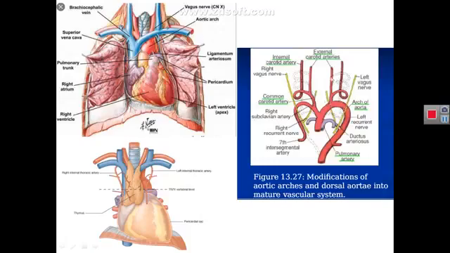Some of these, as I said, will disappear, the others will well develop to form this final configuration of the great vessels in the chest. And of course, you will study how this configuration of the 6 aortic arches results in this configuration of the great vessels connected with the heart in your course of embryology in the second year of medical school.